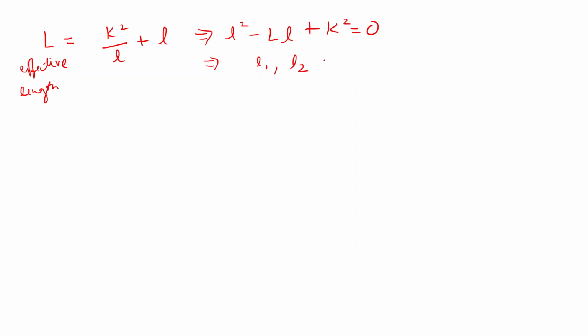These will be the two solutions such that the capital L will be l1 plus l2. When we solve, we'll see those two values of l will satisfy this and also will satisfy this. Here the length of the equivalent simple pendulum, this we know is the effective length.